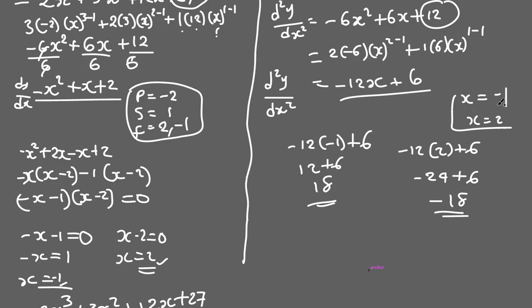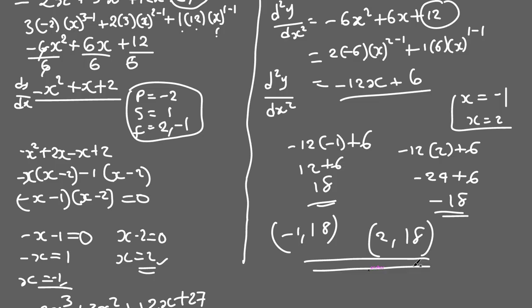We get the -1, comma 18, we close, and we also get now +2, comma 18, and these are the nature of the stationary points. But if we are asked to find the minimum and the maximum, this becomes our maximum turning point.